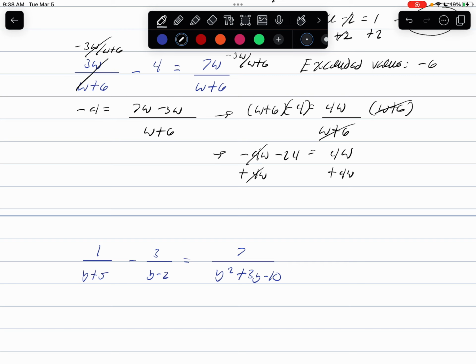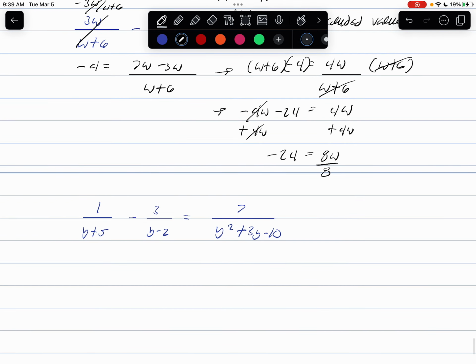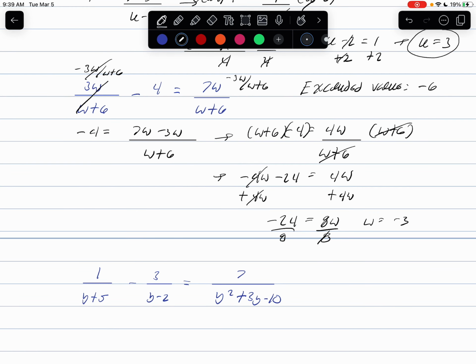We're going to end up with negative 24 is equal to 8w. And from here, we can divide both sides by 8. And that's going to give us w is equal to negative 24 over 8. But that simplifies just to negative 3. And remember, our excluded value is negative 6.